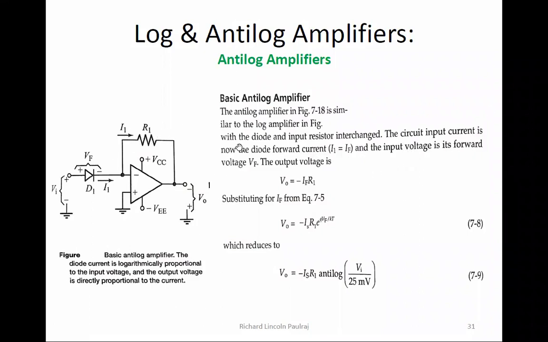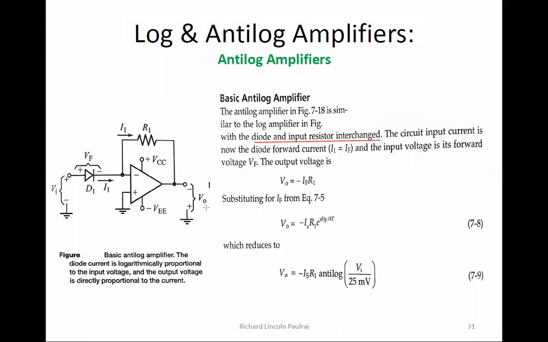The anti-log amplifier is like in the figure, and it is similar to the log amplifier, just that the diode and the input resistor are interchanged. That's important. For those of you who are making notes, please make note that the diode and the resistor are interchanged.